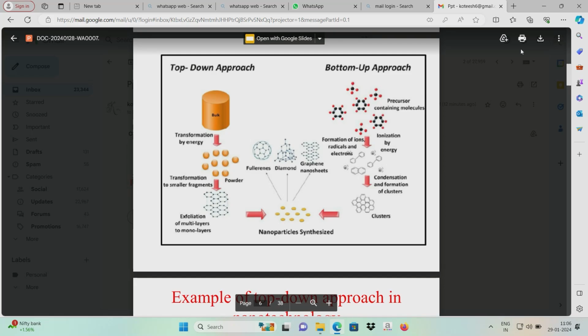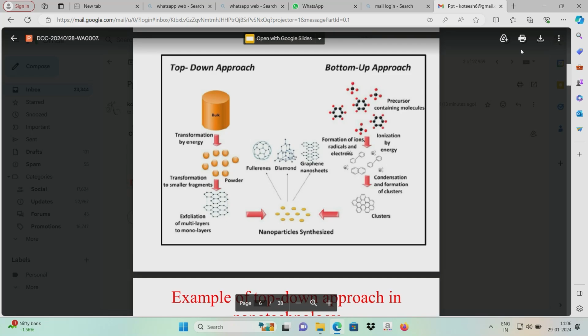Initially the orange bulk, named as bulk there, is due to the transformation of energy divided, cut into small pieces like the orange circles. There the small fragments are transformed into powdered form. The powdered form may be in multi-layers or mono-layers.